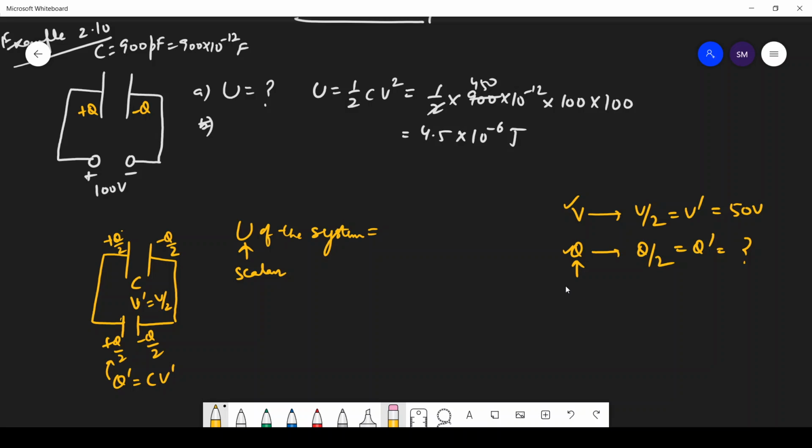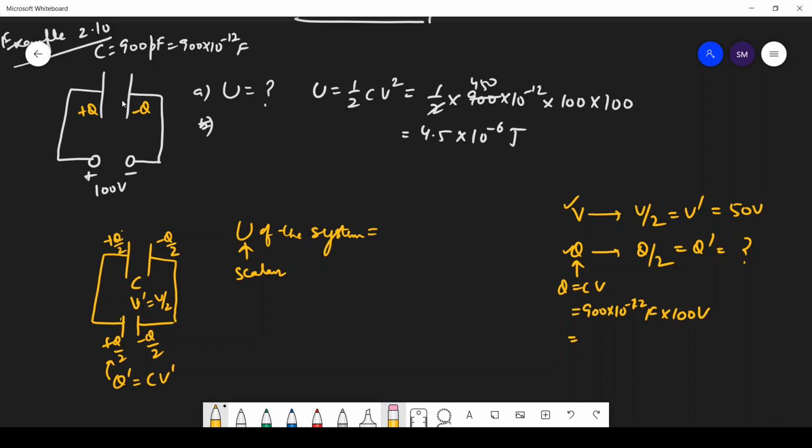You can calculate Q as CV. You know the value of C, you know the value of V. So you can calculate that this Q was 900 picofarad, so 900 times 10 raised to power minus 12 farad into voltage 100 volt.